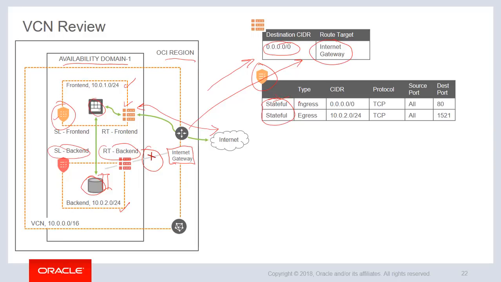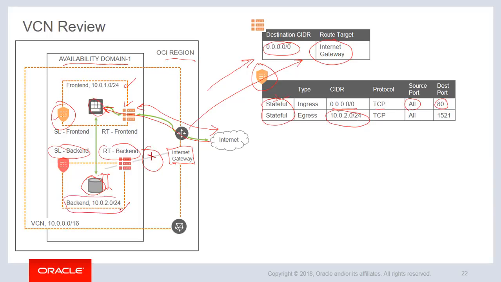So I'm saying for ingress, incoming, traffic is coming from all over the internet. Protocol is TCP. Source can be anywhere, doesn't matter. My port is port 80. So I'm getting the traffic from here like this to my port 80. My outgoing traffic now is only going to this particular subnet. 10.0.2.0/24 is my backend subnet here.